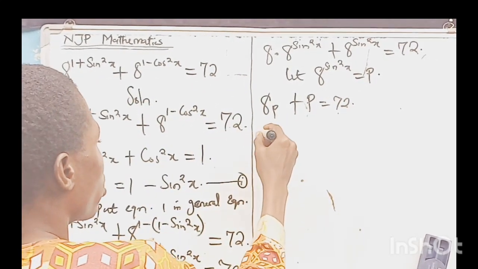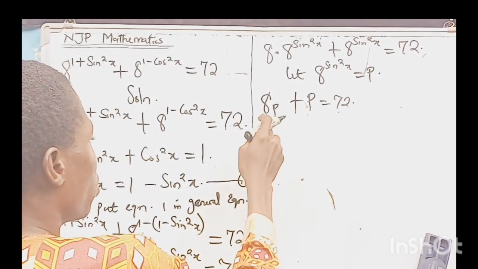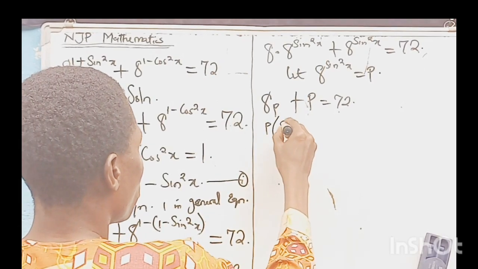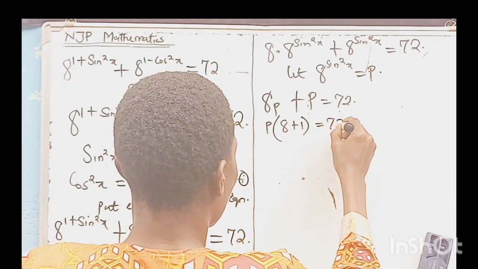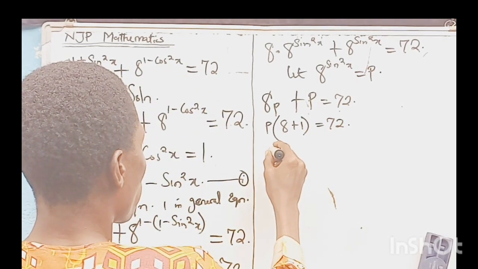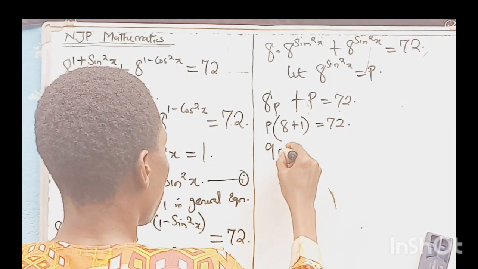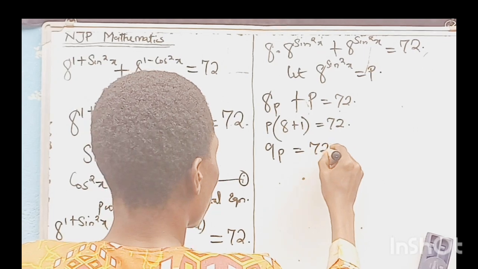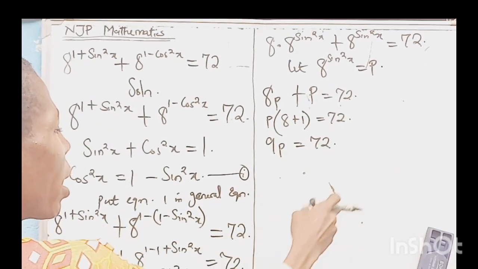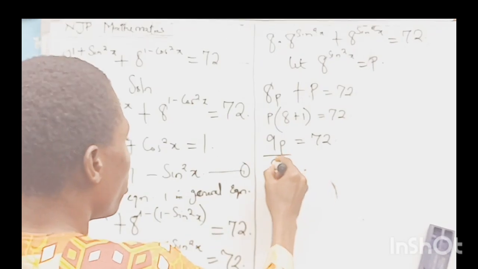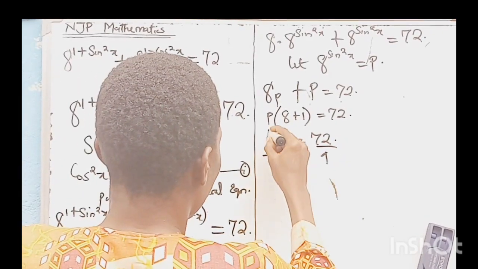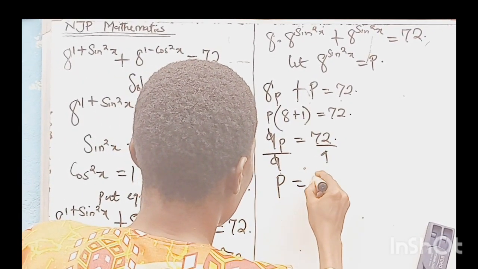So we bring out the common variable there, which is p, and it will be p multiplying 8 plus 1 equals 72, and 8 plus 1 equals 9. That is 9p equals 72. So now we can divide through by the coefficient of p, and the coefficient of p here is 9. We divide through by 9, and p equals 8.